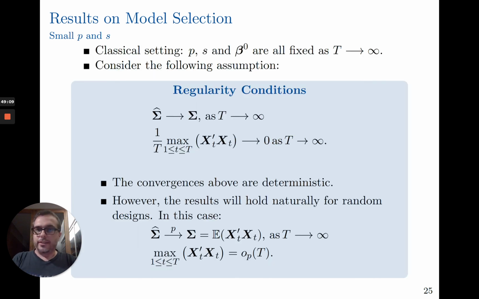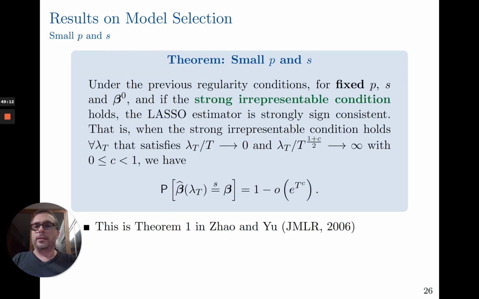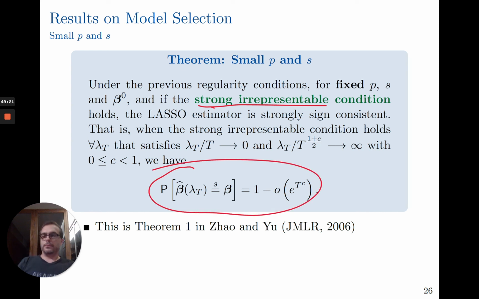And if this is the case, then in low dimensions, once you have the strong irrepresentable condition, you get perfect model selection with probability that will be large. Of course, this will also depend on these parameters related to the choice of lambda. But basically, with fixed P, S, and beta naught, the strong irrepresentable condition will give you model selection consistency.